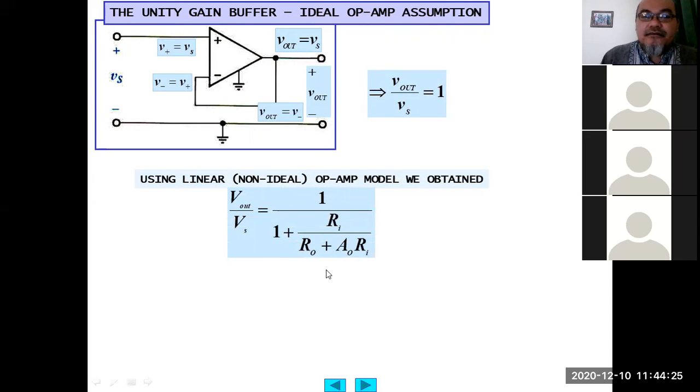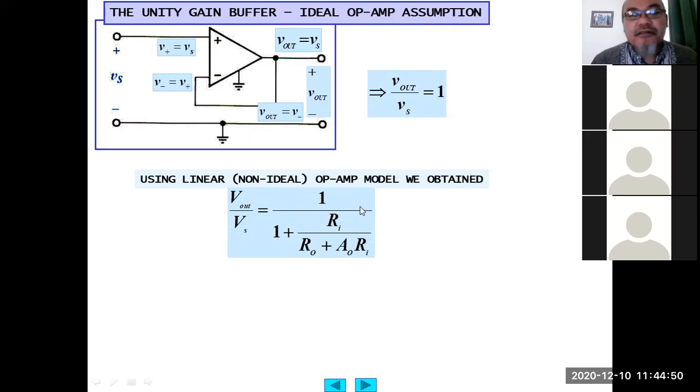So if you want to calculate the exact, non-ideal gain, this is the equation you need. You need to know the input resistance Ri, written in the datasheet of that op-amp. Ro you also find from the datasheet, and AO also from the datasheet.